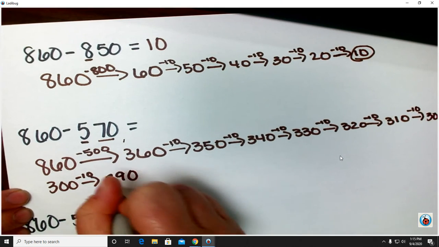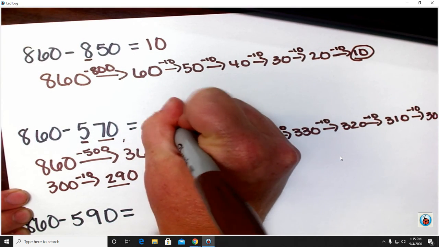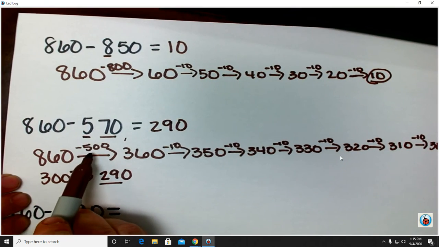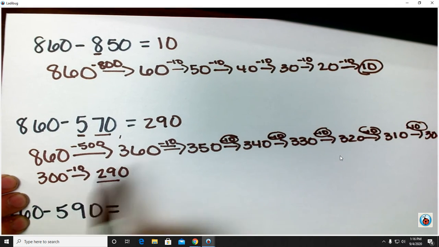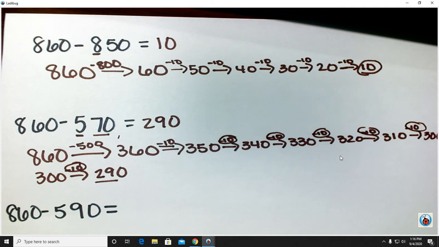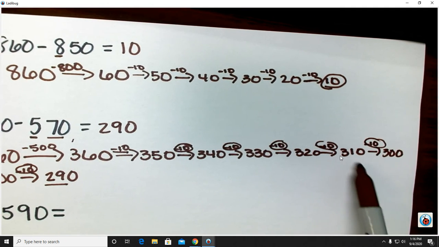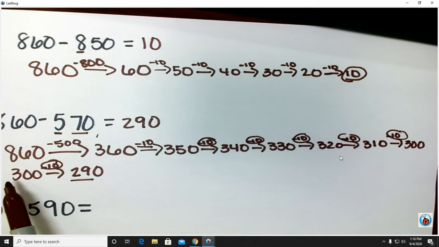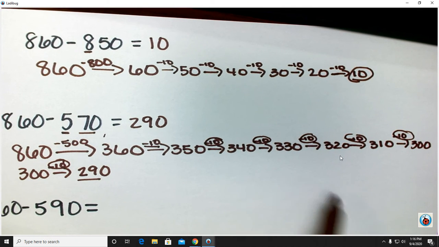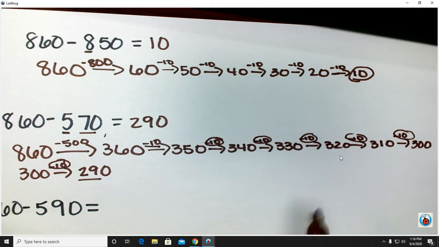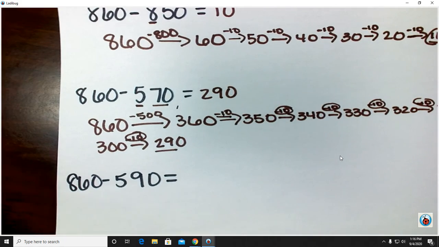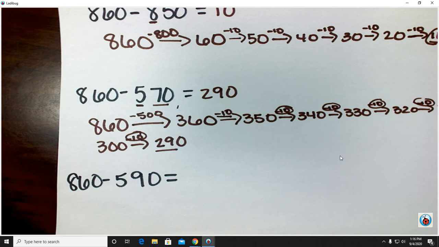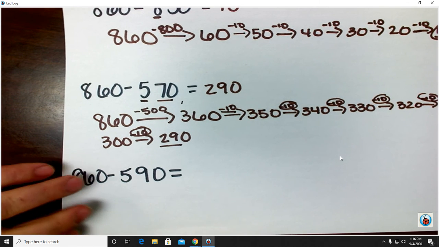So I landed on 290, so I know my answer is 290, and I jumped back 500, 10, 20, 30, 40, 50, 60, 70 to get my answer of 290. And if you're having trouble making the jump from 300 minus 10, draw your place value chart and do it that way. Okay?